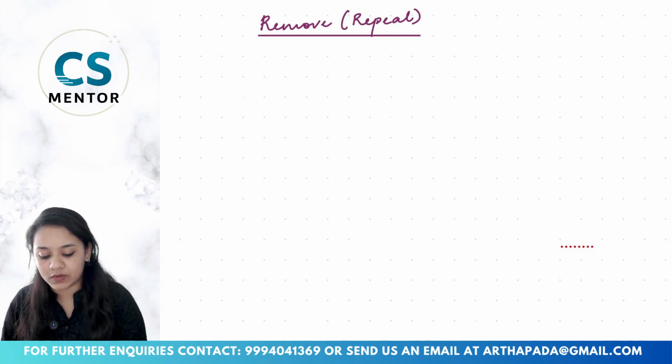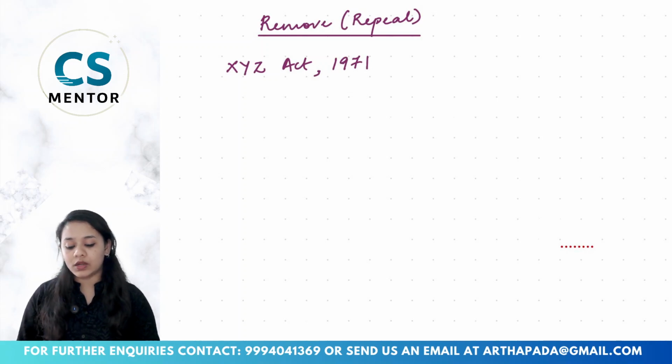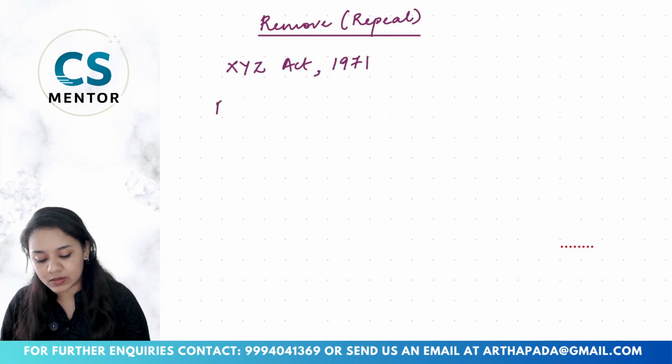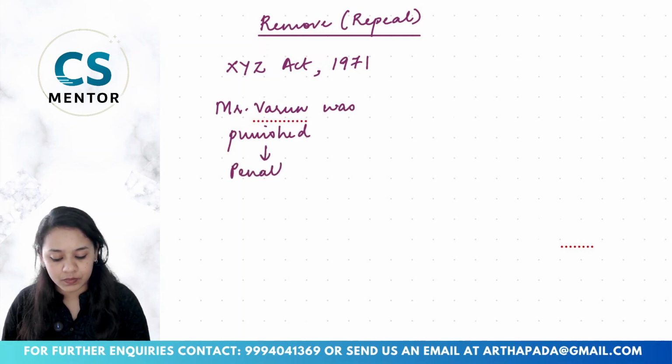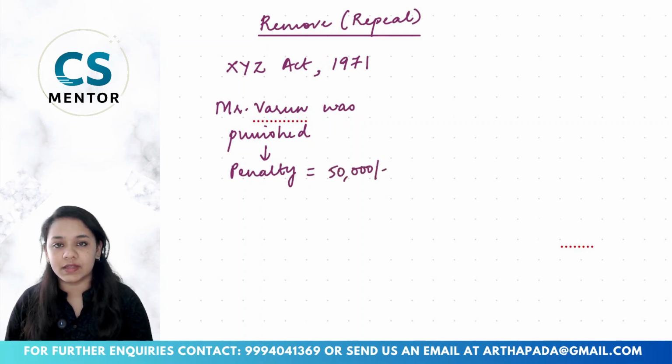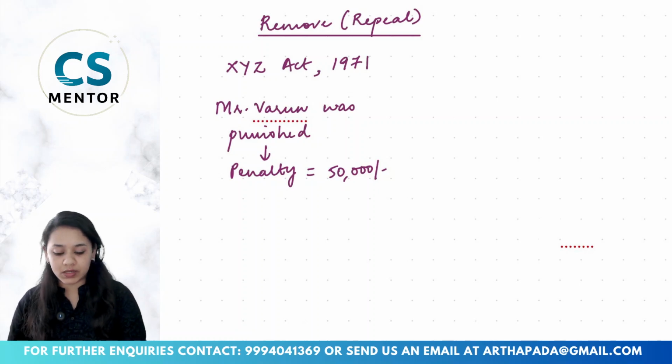Let's say that we have an example law, that is XYZ Act, that was passed in the year 1971. Now, under this law, a Mr. Varun was punished, wherein he had to pay a penalty of rupees 50,000 for a violation under this XYZ law. Now, this law was passed in the year 1971.